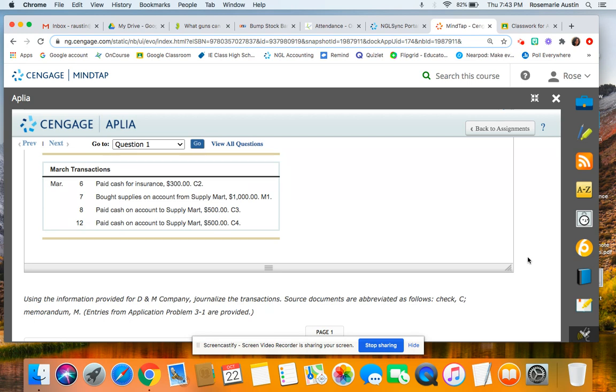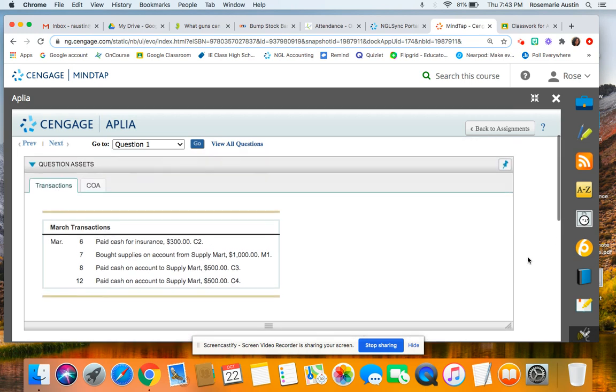Okay, so supplies is being mentioned there, so you know that that's one account. And when you see the words on account, you should be thinking to yourself, okay, this is either an account receivable or an account payable. But you'd have to read the transaction to understand what's going on. And since you bought supplies on account, Supply Mart must be an account payable.